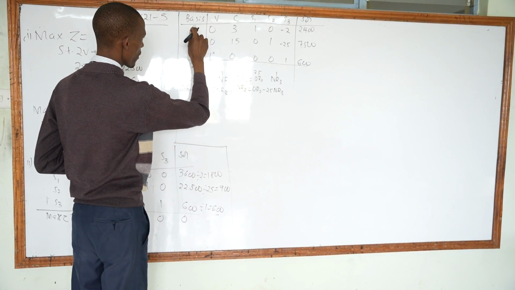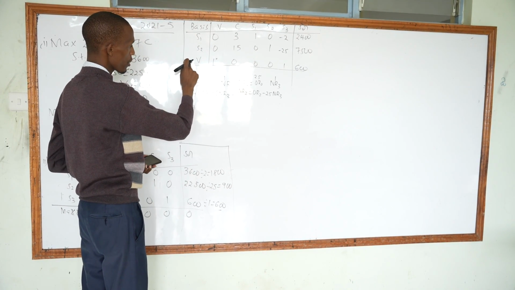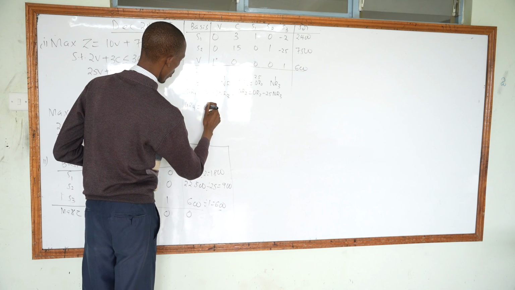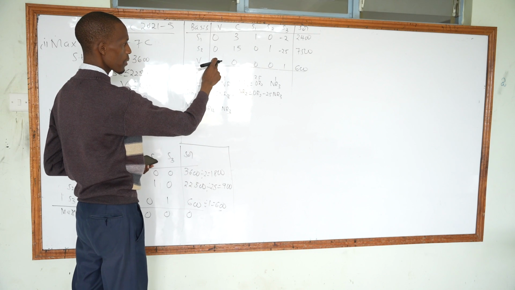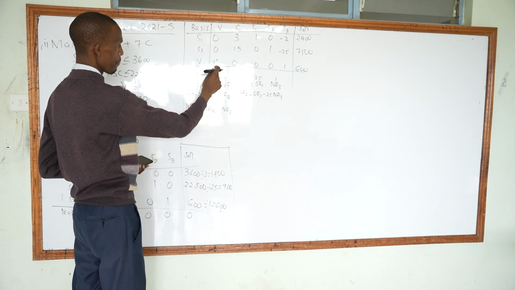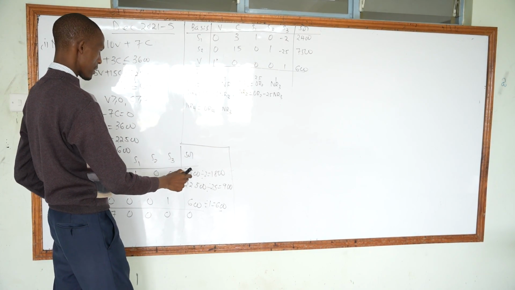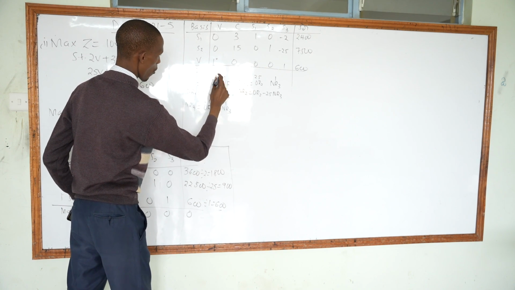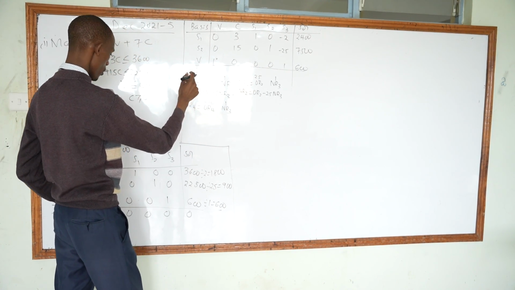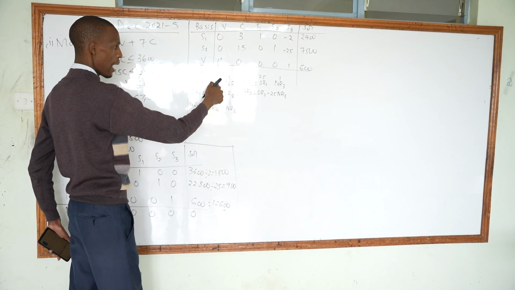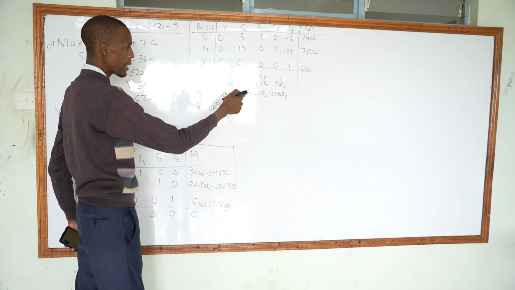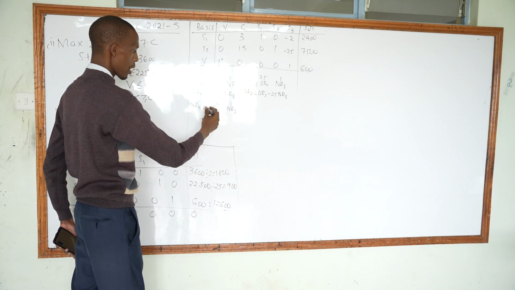You now come to the last one, which is new row 4. Remember, new row 1, new row 2, new row 3, new row 4. Use old row 4 and new row 3. Remember, we are working with new row 3. So old row 4 equals minus 10. This is 1, and we want it to become 0. So how do we do this? And the other which we are adding, not subtracting, this one you are going to add.